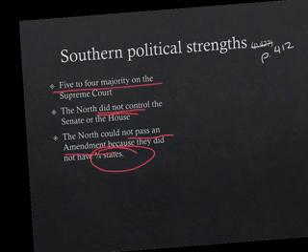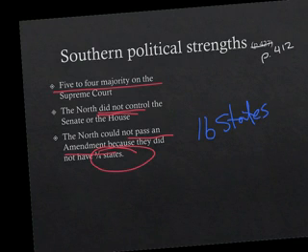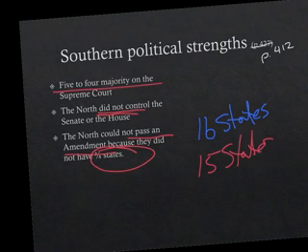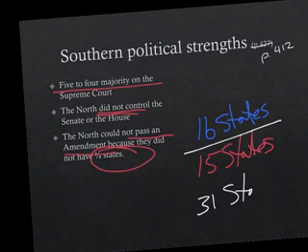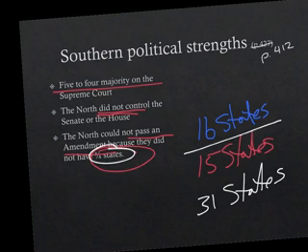At the time of the Civil War, you had 16 states. Well, let's write this down. You had 16 states that were in the North, and you had 15 states in the South. So you have a total of 31 states, but you need 3/4 in order to pass an amendment to the Constitution.